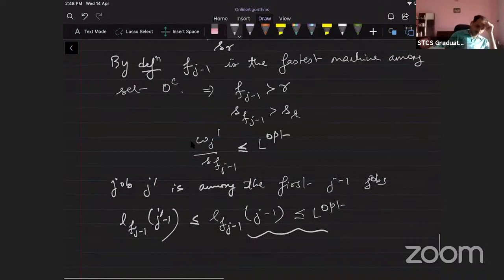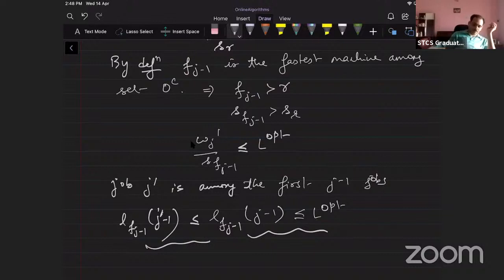Where remember F_{j-1} is the fastest server, so L of F_{j-1} is just the load of the fastest server of set E_{j-1} at time j minus 1. Now we're comparing the same server at a previous time, j' minus 1.